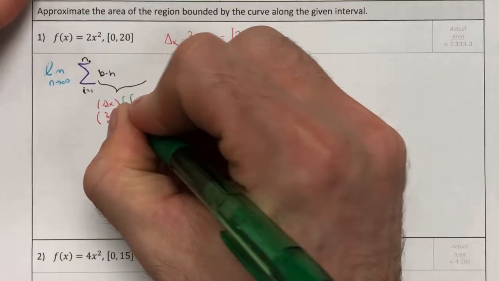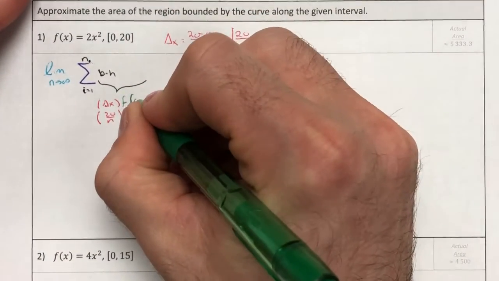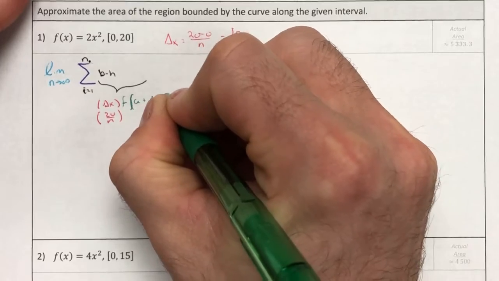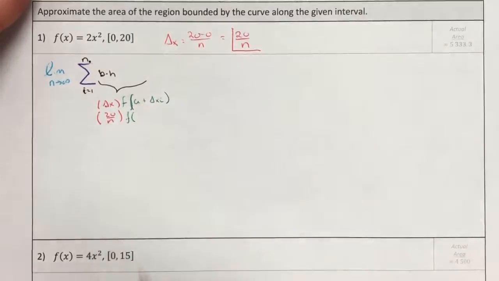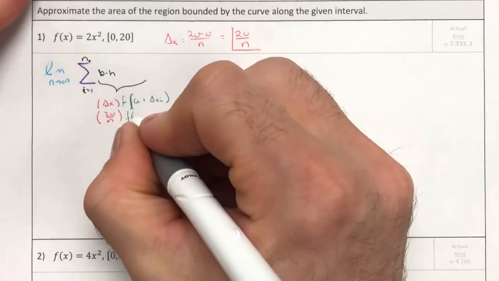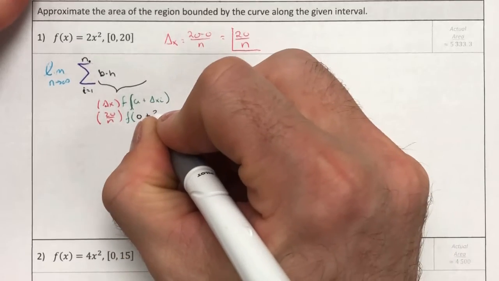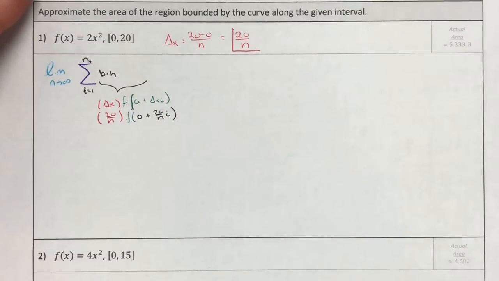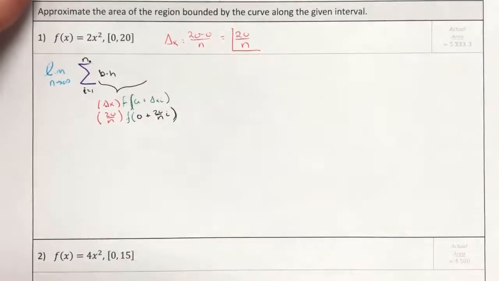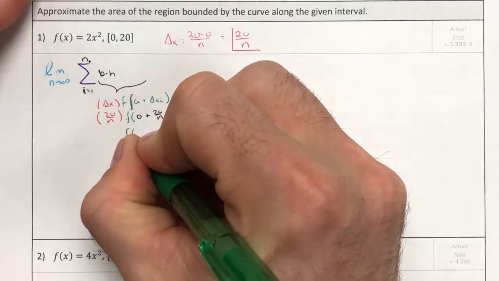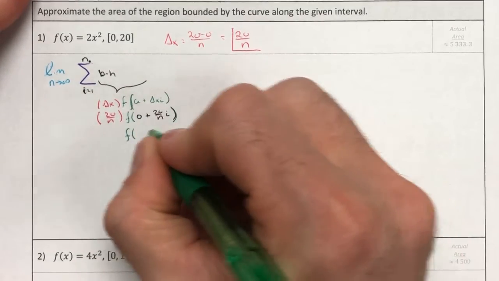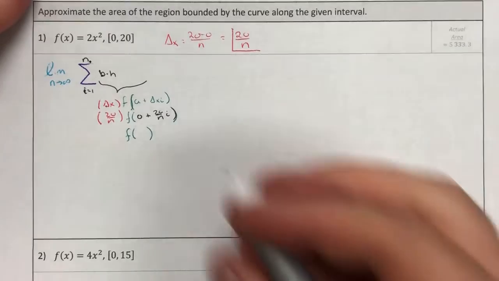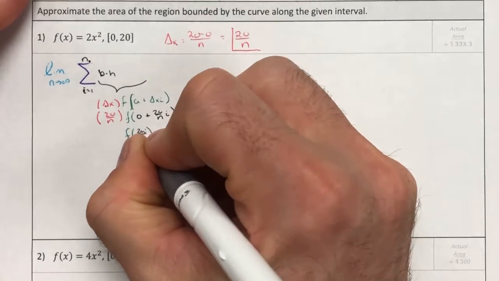So we're going to say f of a plus delta x i. So f of our a is 0, our delta x is 20 over n, i. Cool. So if I simplify that, I'm literally just going to get f of 20i over n.